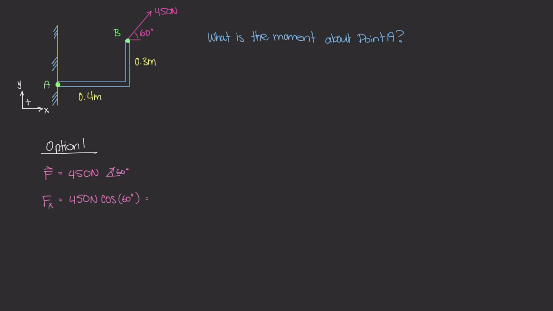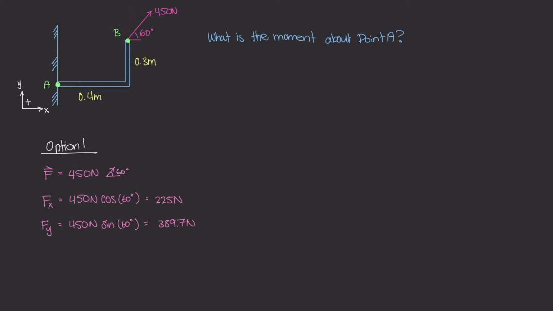And this gives us a value of 225 newtons. Now we can do the same thing for the y component. That's also going to be the hypotenuse, but this time it's going to be sine of 60 degrees. And this gives us a value of 389.7 newtons. So awesome. We have the x component, which is acting this way, and then we have the y component, which is acting this way.